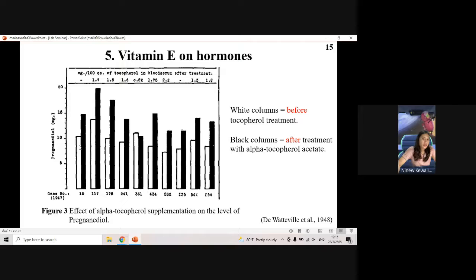We can see here the white column is before tocopherol treatment, and the black column is after treatment with alpha tocopherol acetate. When we supplement with tocopherol, it tends to increase the pregnenolone compared with the white column, before tocopherol treatment.